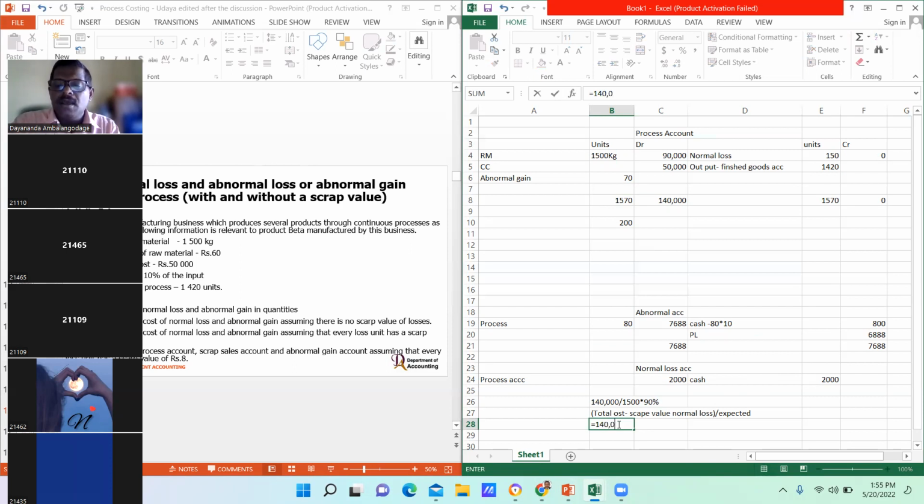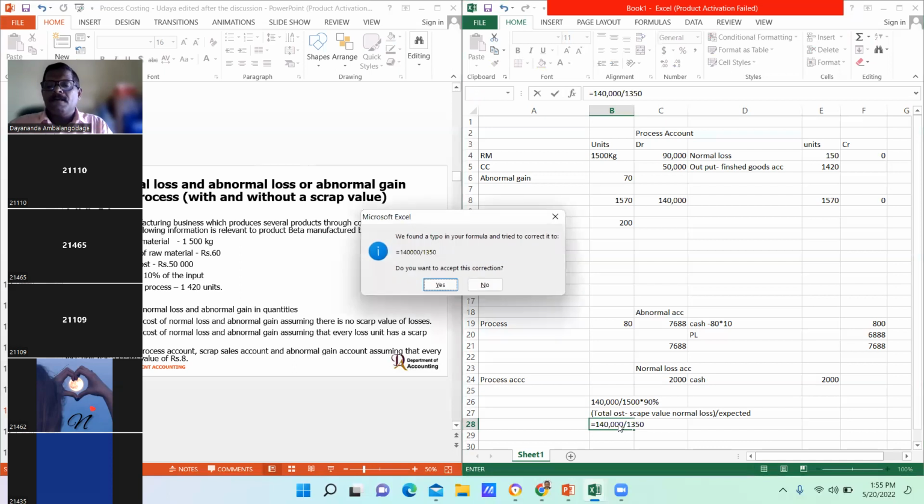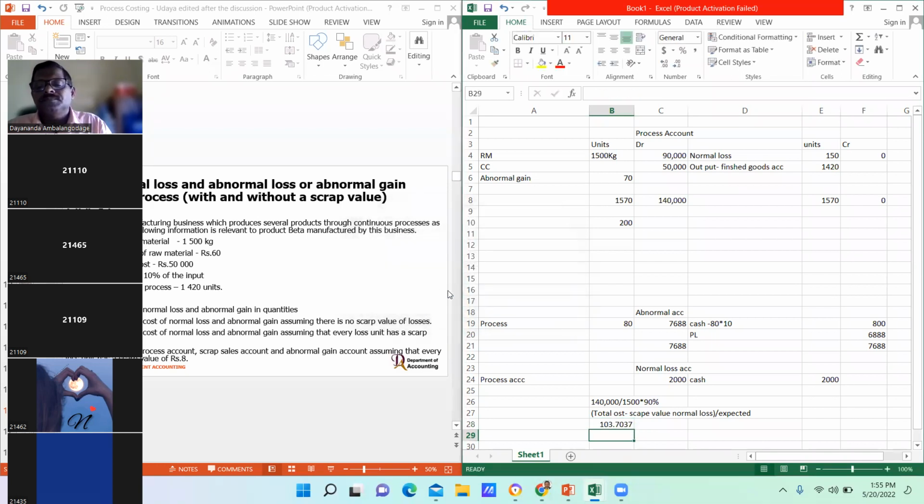Answer would be 140,000, right? Divided by how much? 90% means, of course, 1,350. So thereby unit cost is 103.